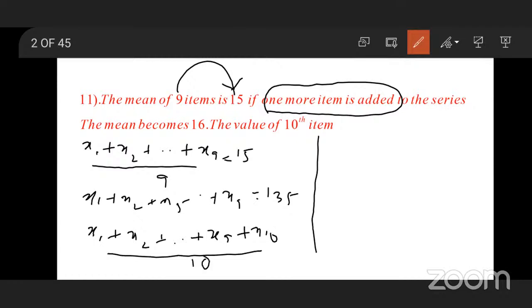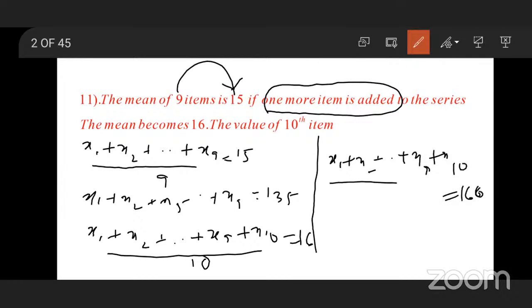Sir, first it was 9 items, that's why we took 9. But now the mean is 16 and one more is added, so the total number of items is 10, and that is equal to 16. Then we get X1 plus X2 plus so on up to X9 plus X10 is equal to 160, because of cross multiplication.